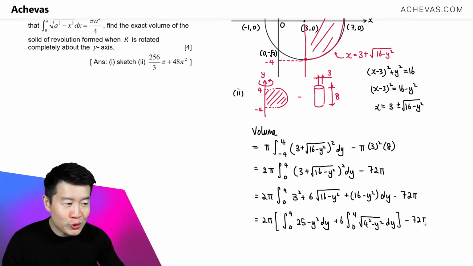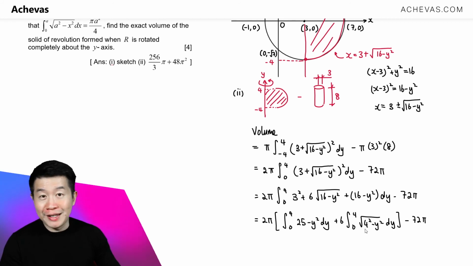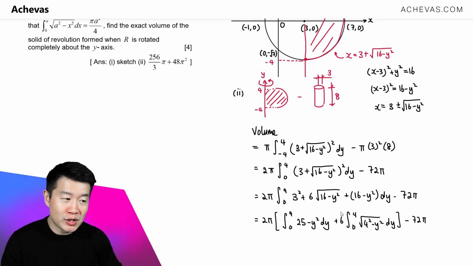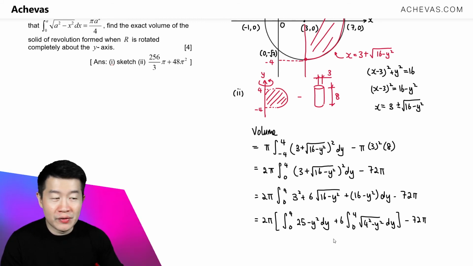And I guess you can also know why I'm writing it as this, because I am trying to make use of the one that the question has given to us. So it is a squared minus x squared. Now we have 4 squared minus y squared from 0 to a, from 0 to 4, which means that this integral is going to work out to be pi times 4 squared divided by 4.